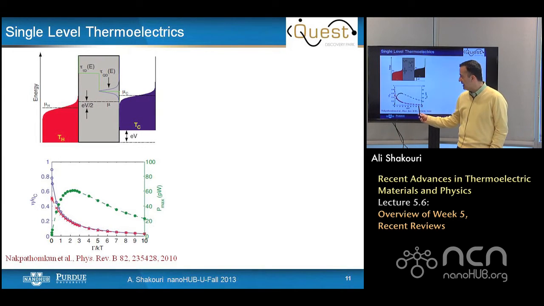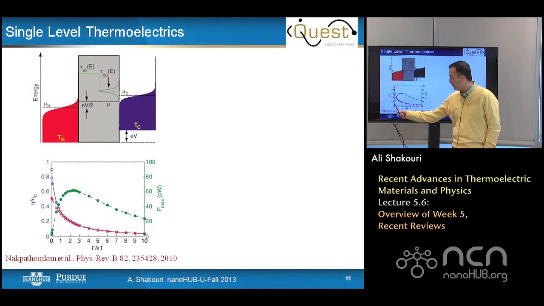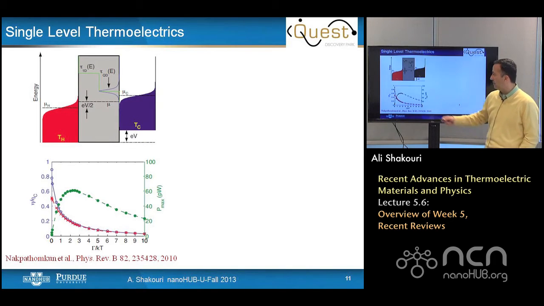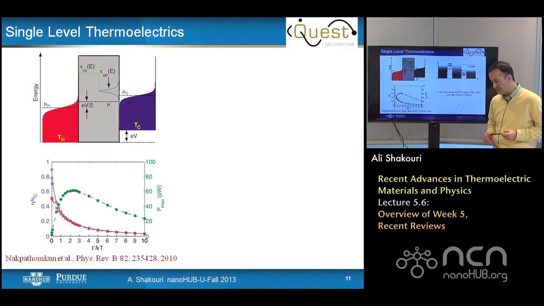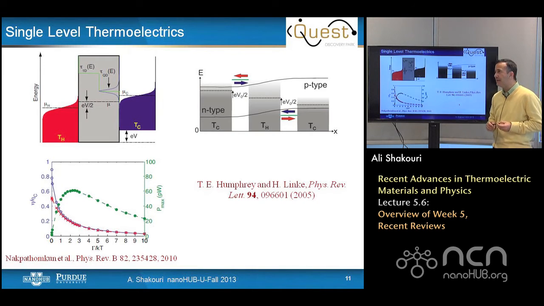Then you can see that as a function of this coupling, if this broadening is very narrow, you can get high efficiencies but very small output power. At optimum broadening, you get the highest output power, but the efficiency is lower than the Carnot limit, and that was the opportunity where we introduced the Curzon-Ahlborn limit for efficiency at maximum output power.